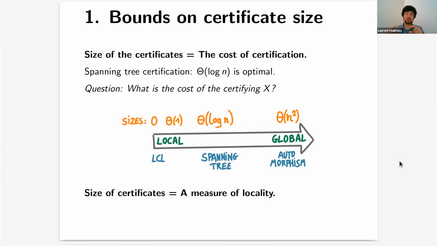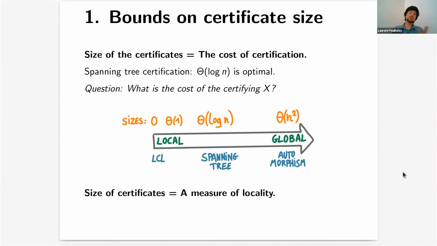Okay, you want the cost of certification to be small. So you want the smallest labels possible, and for that, one question you might ask is, for this example that we have seen, the spanning tree, is this log n that I've been talking about optimal? And it is. So you cannot have a certification that uses smaller labels.